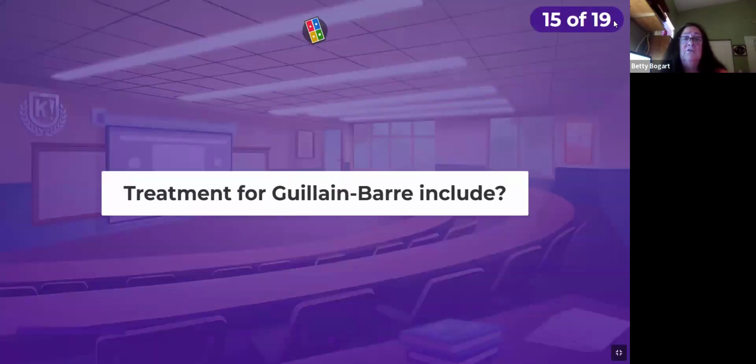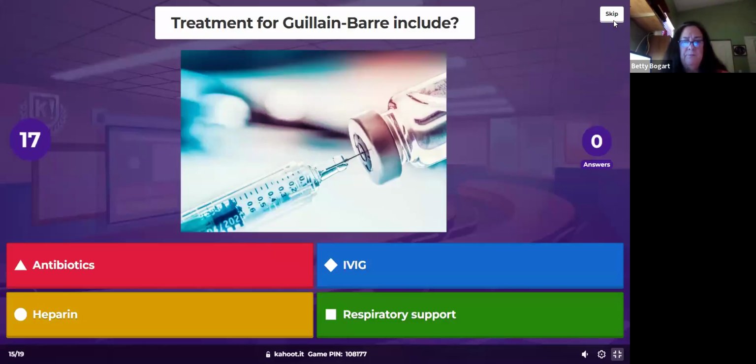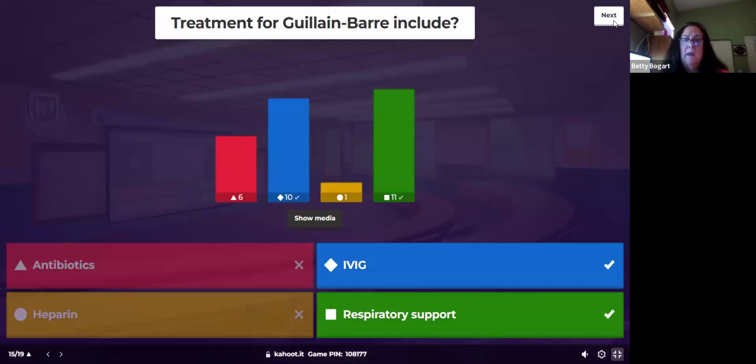Treatment for Guillain-Barré includes... so IVIG and respiratory support for sure.